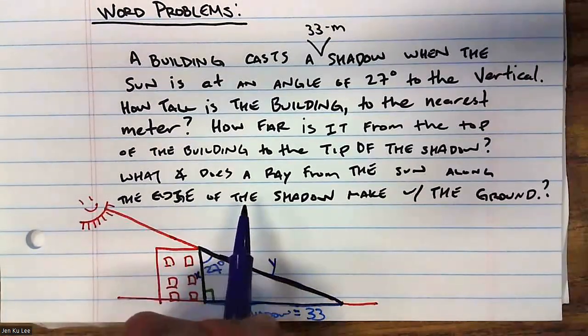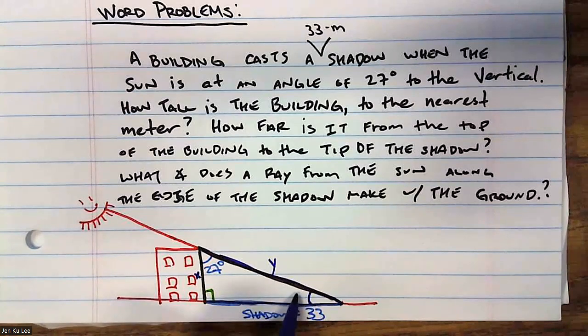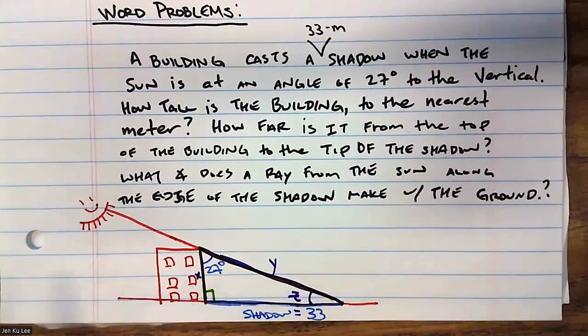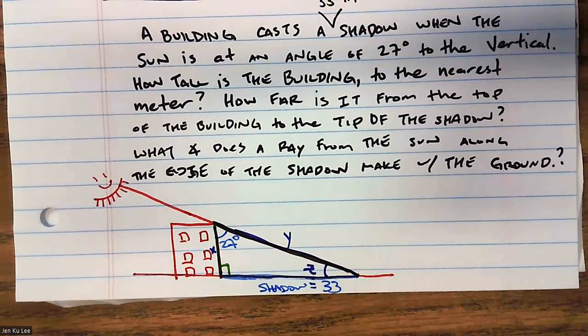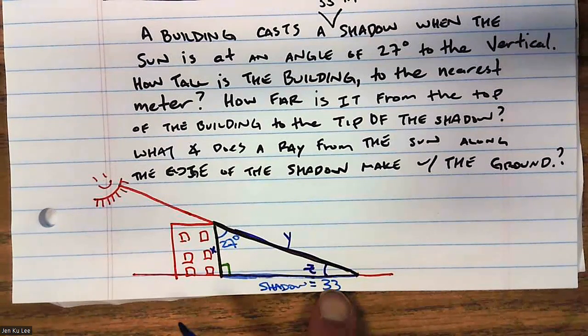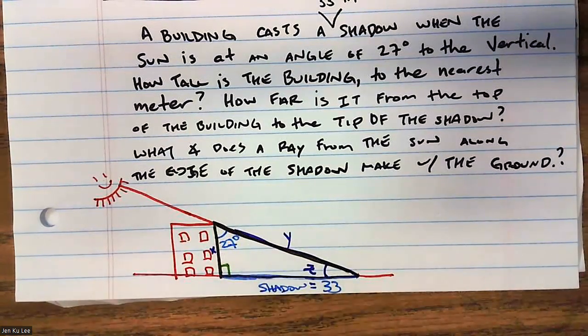What angle does a ray from the sun along the edge make with the ground? And let's make this Z. So I basically just have to get everything out. I'm given 27 degrees. I'm given 33. I need to find X, Y, and Z.